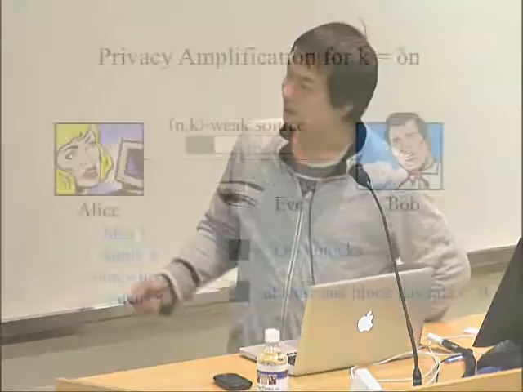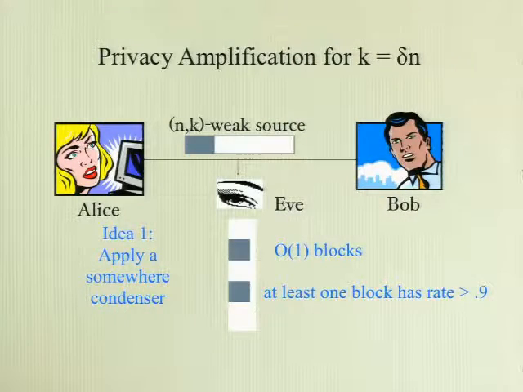So the first idea is that we can apply something called a somewhere condenser. What is a somewhere condenser? It's a deterministic algorithm that can convert this weak random source with entropy rate delta into a constant number of blocks. This constant number depends on delta, but nevertheless it's a constant number of blocks, such that at least one of the blocks has entropy rate, say, greater than 0.9.